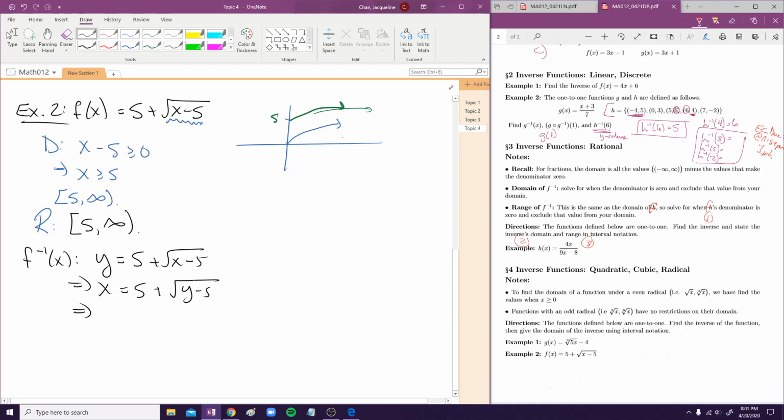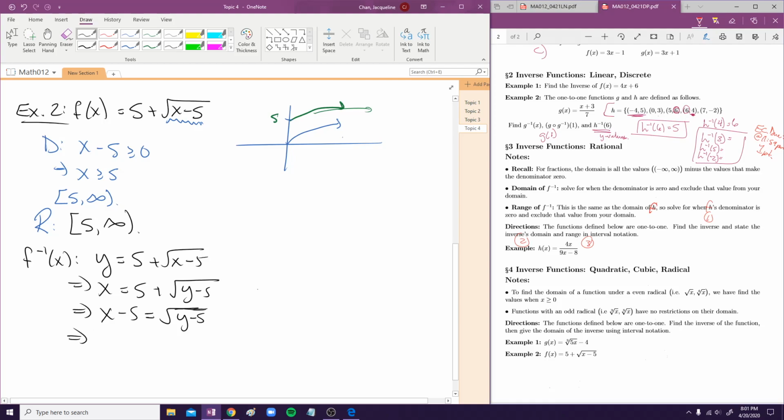So again, when we want to solve for the variable under a radical, we have to isolate it so we can get rid of the radical. So this is x minus 5 equals the square root of y minus 5. Right?